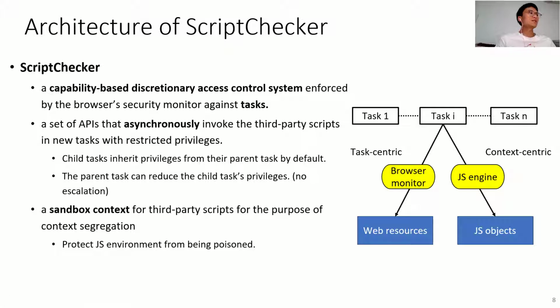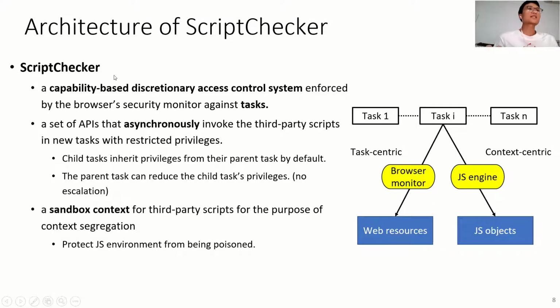In a word, the existing work relies on the modified JS engine to perform context-sensitive access control, but in our approach, ScriptChecker solves the aforementioned issues by making use of the browser security monitor to do task-based access control against the web resources instead of the JavaScript APIs.